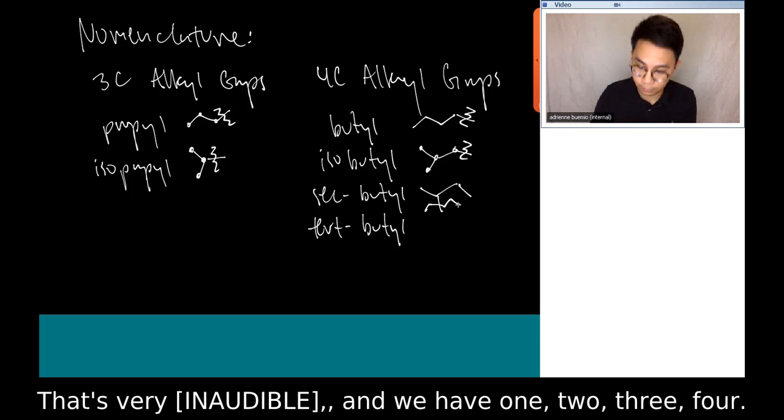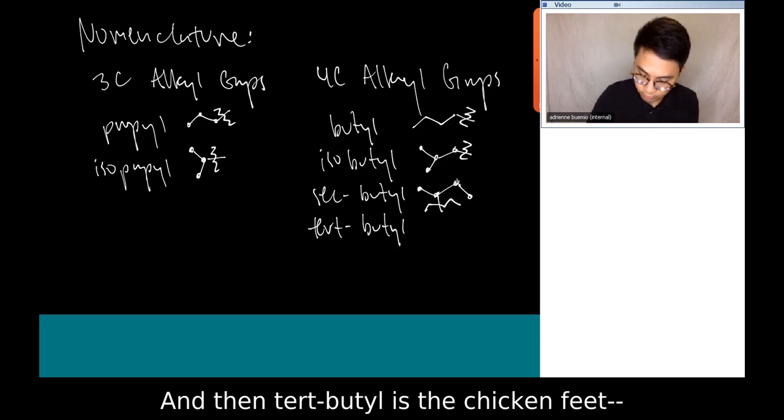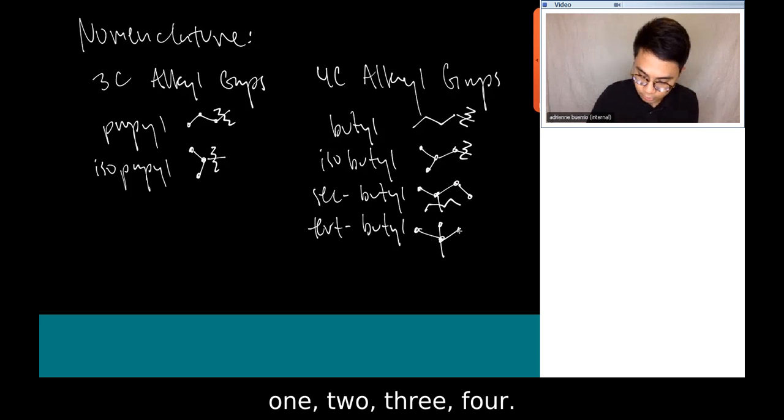That's where it cuts off. So we have one, two, three, four. And then tert-butyl is the chicken feet, right? One, two, three, four. So we'll see these a lot.